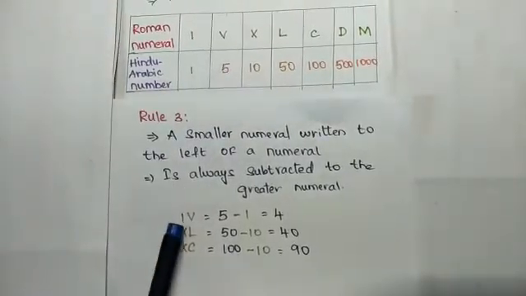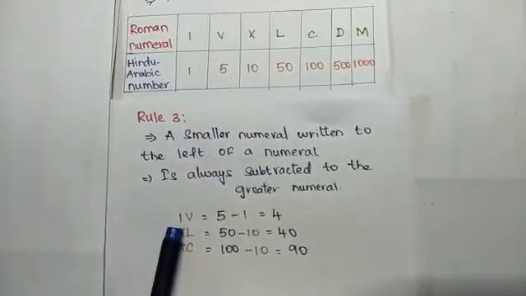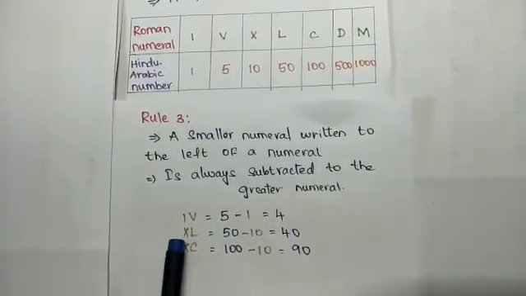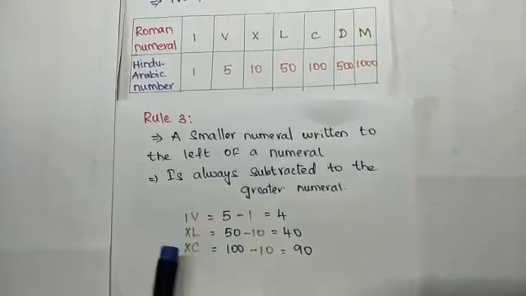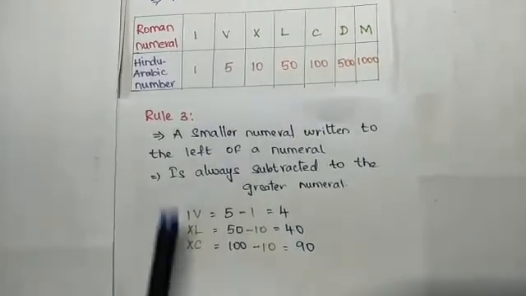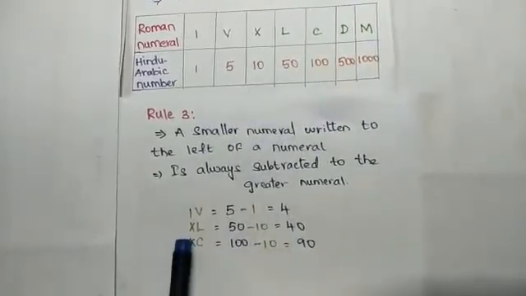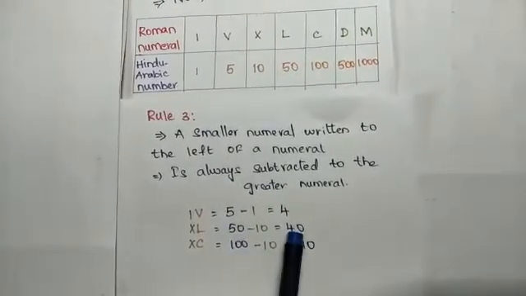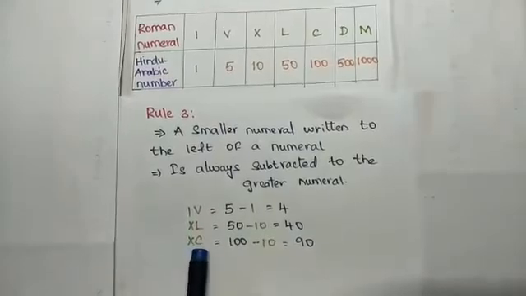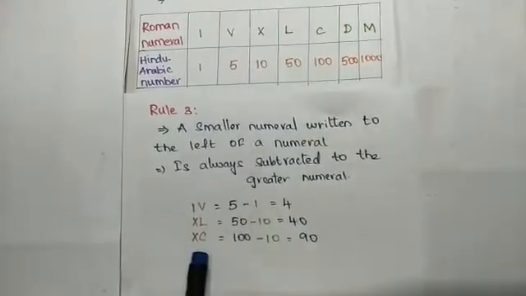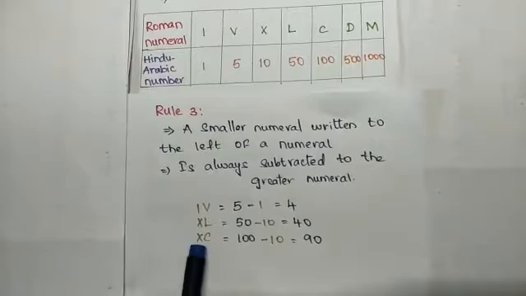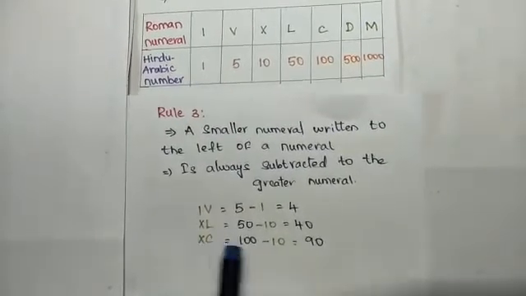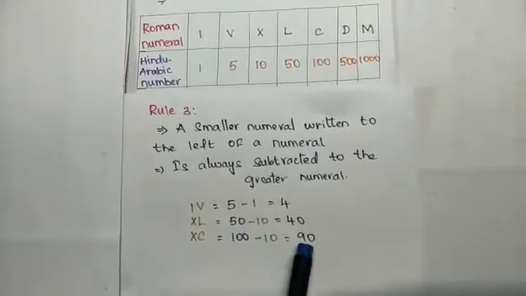So V is given on the right of the numeral I. 5 minus 1, so we will get 4. Here X, L. X is 10 and L is 50. So X is lesser than L. So 50 minus 10 is 40. Next X, C. X is 10 and C is 100. So C is greater than X. So 100 minus 10 is 90.